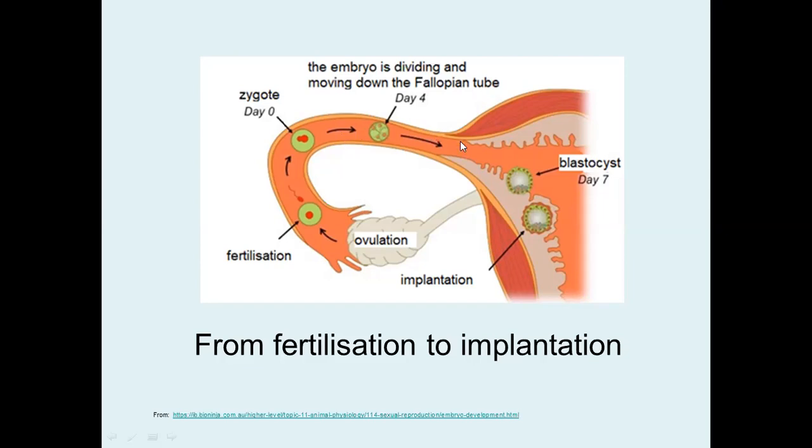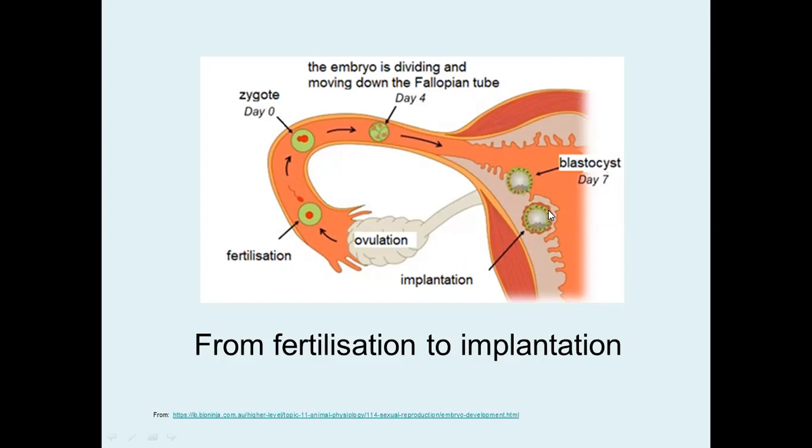And it is moved down the fallopian tube, and it carries on dividing as it is going. Once it has reached the uterus, that little ball of cells has arranged itself into a little hollow ball of cells called the blastocyst, and that embeds itself in the endometrium of the uterus. The process of embedding is called implantation.